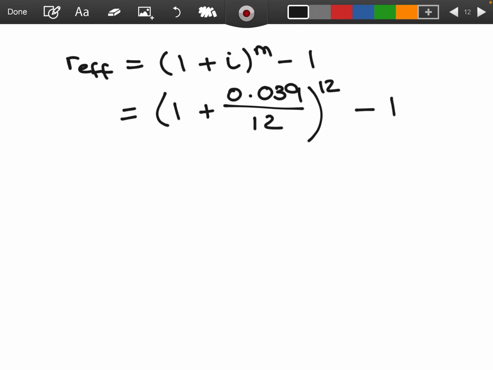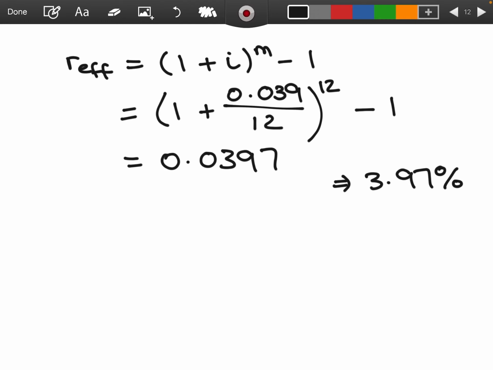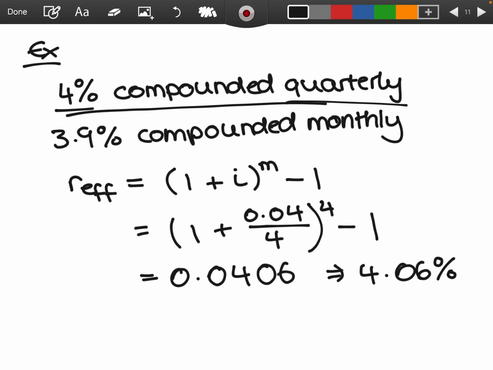The number of times I'm compounding in a year is 12, because it's monthly, minus 1. If you plug all of that into a calculator, you should get 0.0397, which tells me that it's 3.97% if it were a simple interest rate.